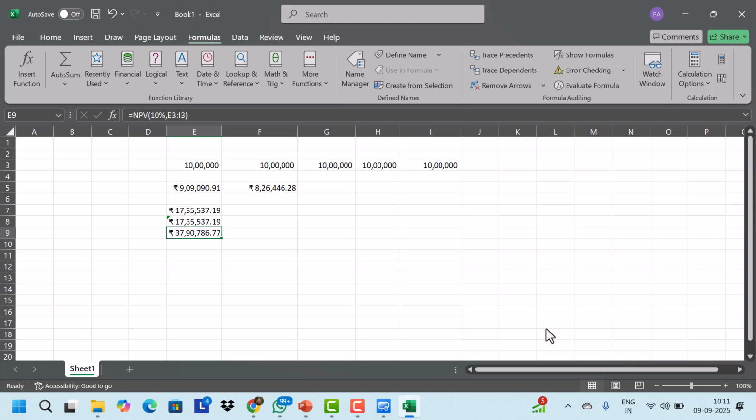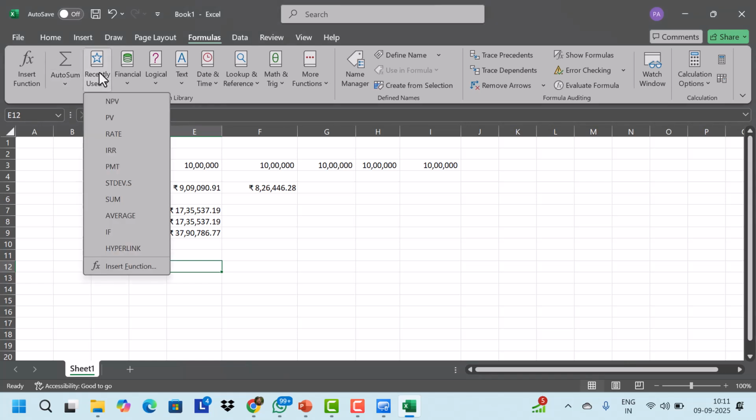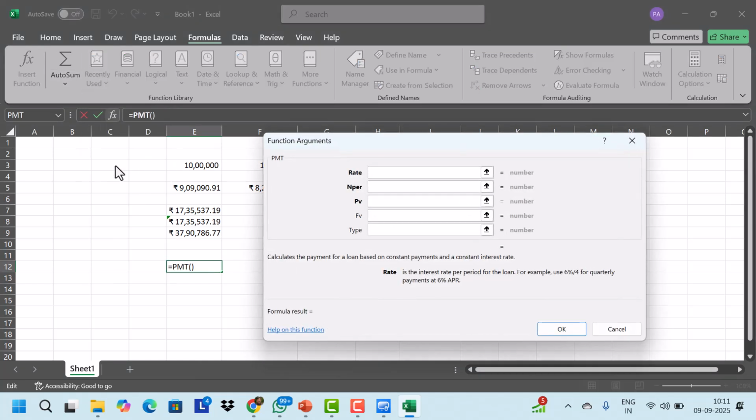Now, just to cross check this, how do we do that? We calculate the annuity here. This is very interesting. So I go to PMT here. Now you have given me 37 lakh rupees. I am going to deploy it at 10% and earn 10 lakh rupees per annum.